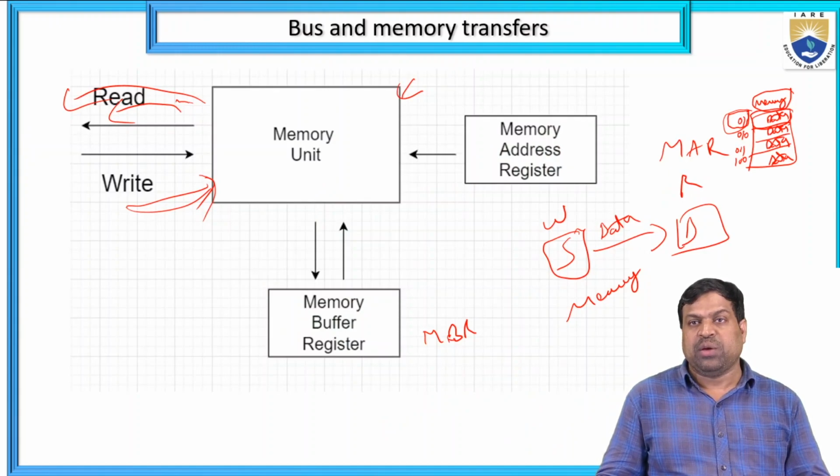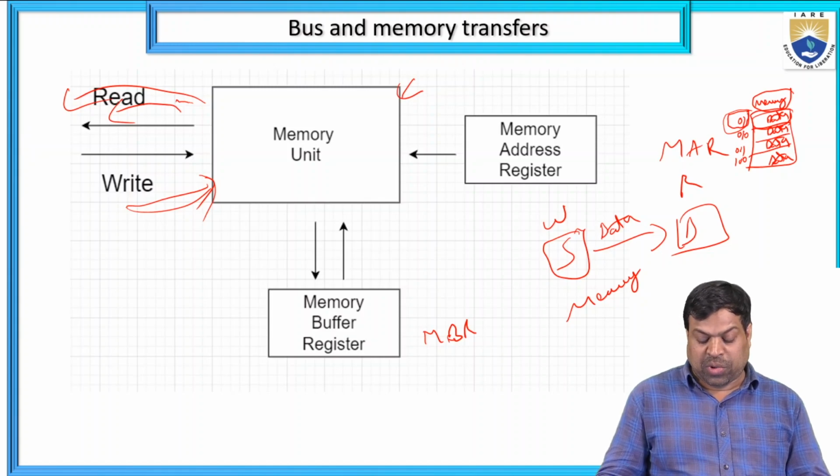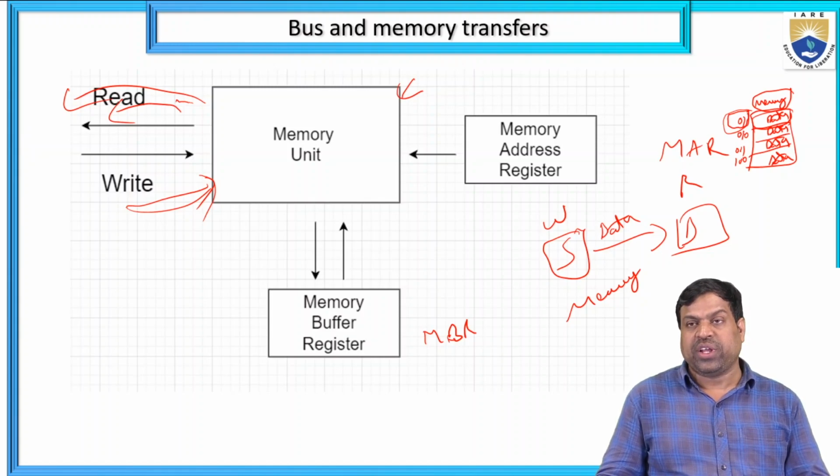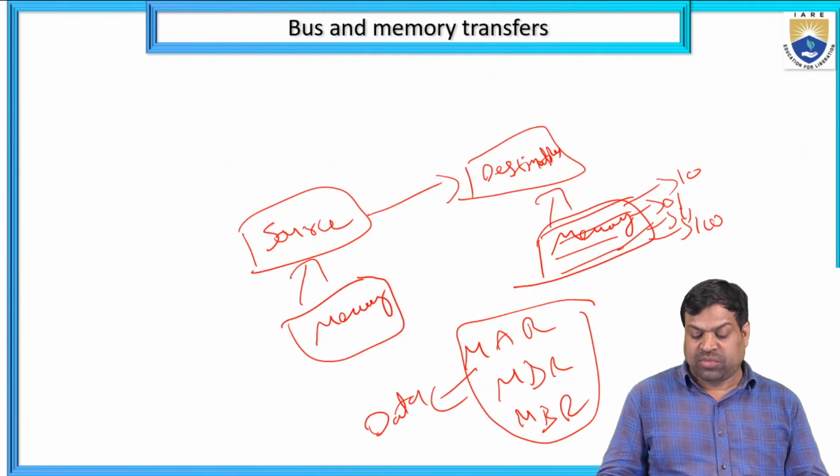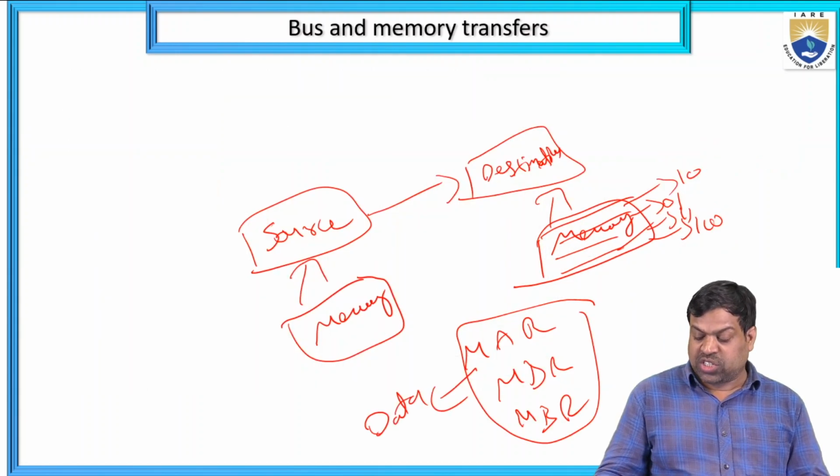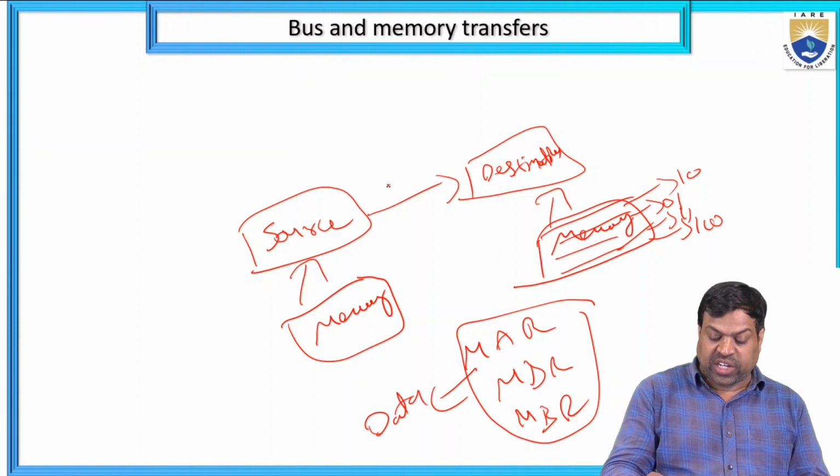Okay, that is the MAR, memory address register. Buffering means it will be buffering the memory, and after the buffering, it will be capturing the data from the particular address. Okay, it is sent to that destination. So for source to destination, I need a bus, and I need data.